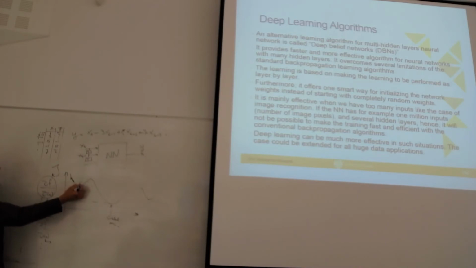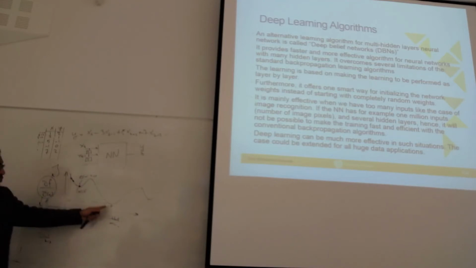Here the gradient of the function will be 0, so we will not have any possibility to update our weights because we stopped here, even though it was a bad solution because we have a better solution here.